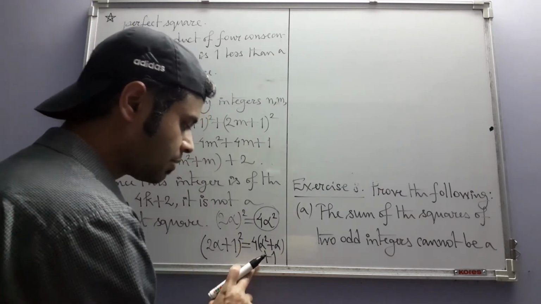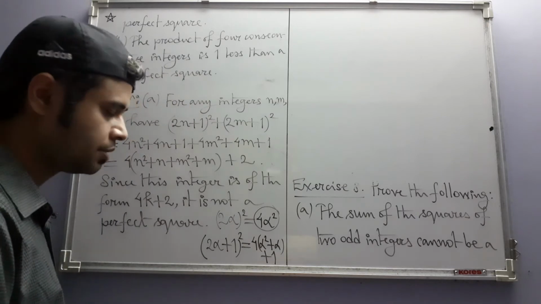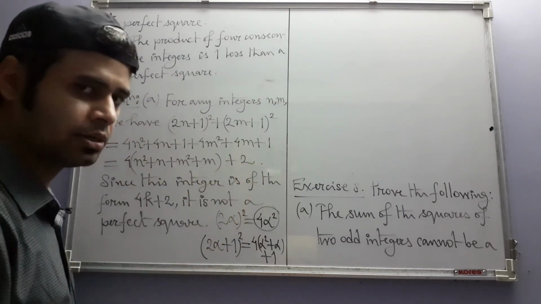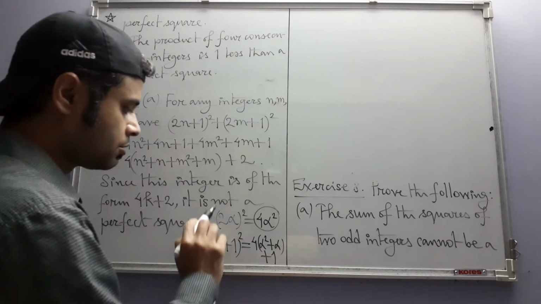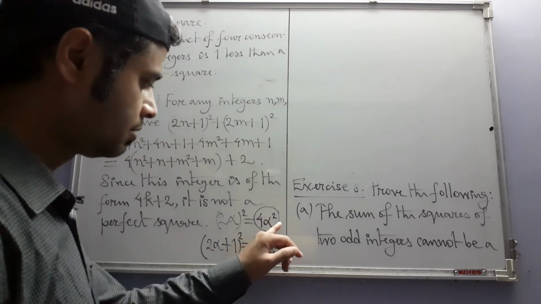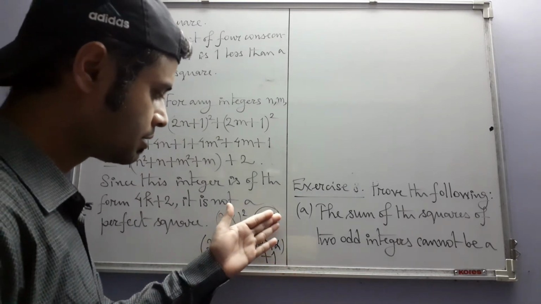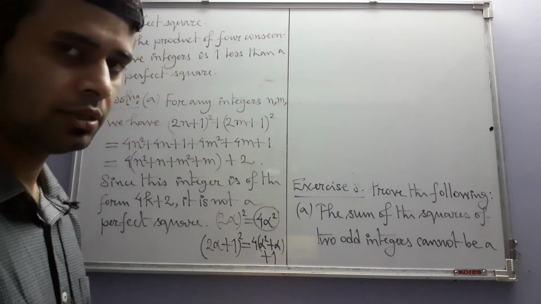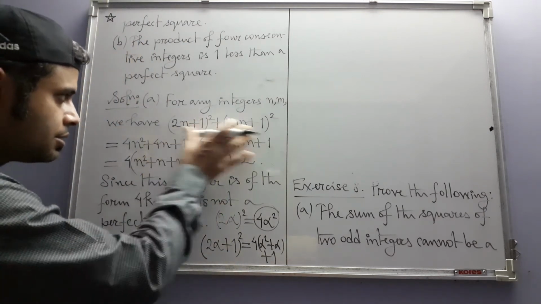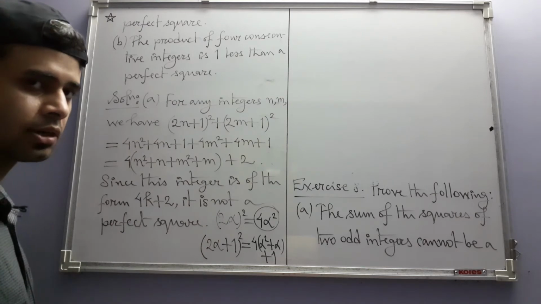Integers of this form leave the remainder 1 when divided by 4, and integers of this form leave the remainder 2 when divided by 4. So perfect squares always leave as remainder either 0 or 1 when divided by 4, but never 2. So that's why this cannot be a perfect square.